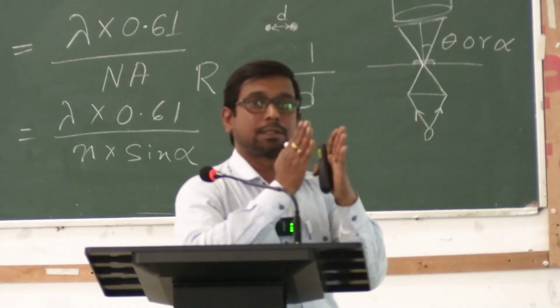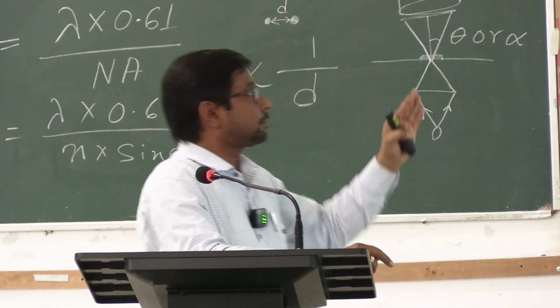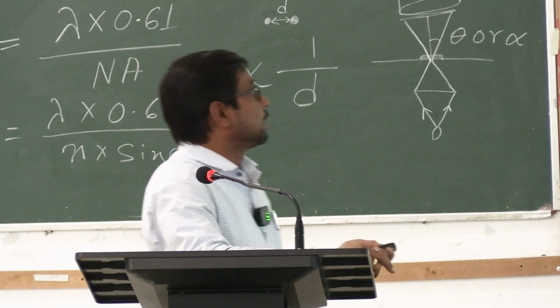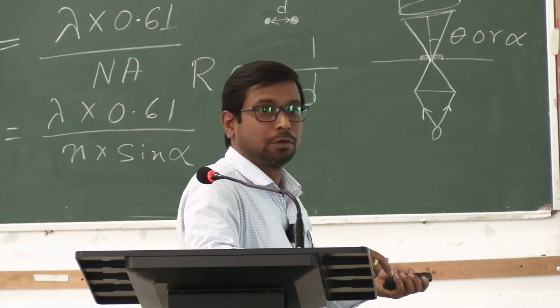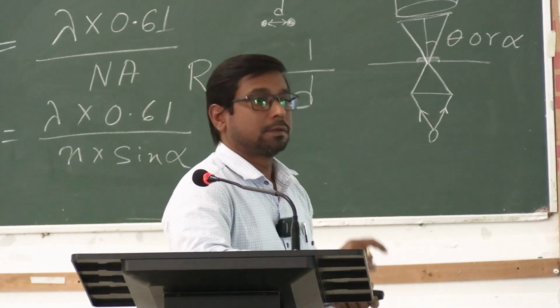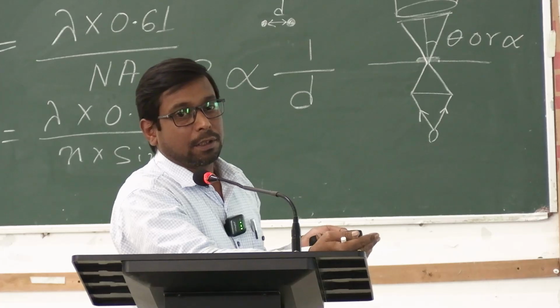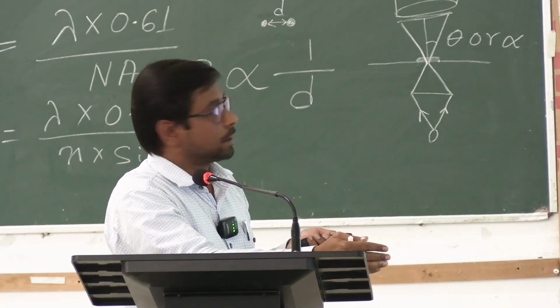Real image and inverted. But if we bring the lens close to the object, or the object to the lens, then what will happen? In the second case, the image will form, but it is somewhat magnified, and it is an inverted real image.